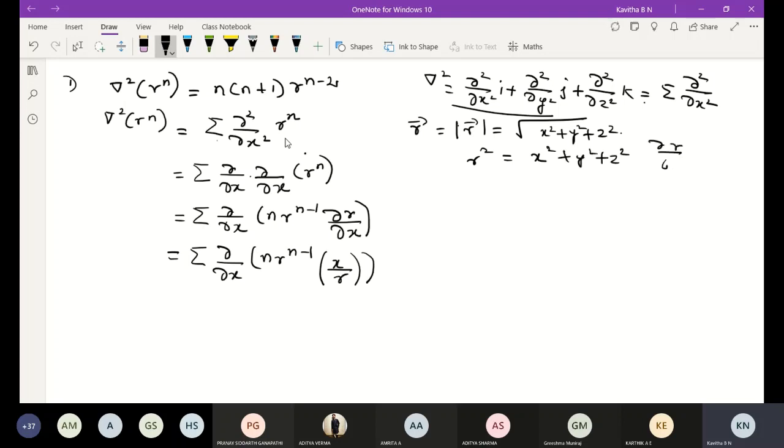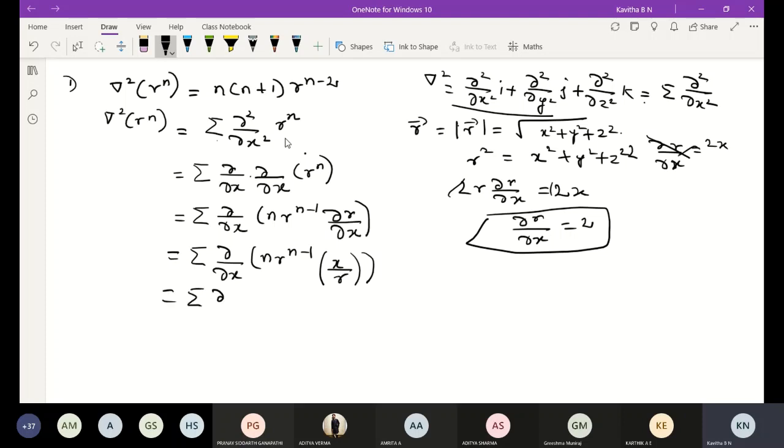Then del r by del x. We are writing 2x by... 2r del r by del x. We are writing 2x. 2 gets cancelled. Del r by del x is equal to x by r. Okay.